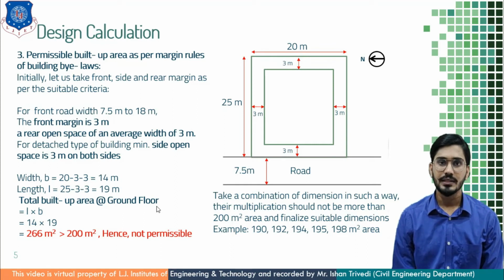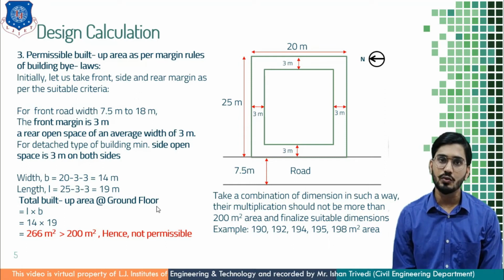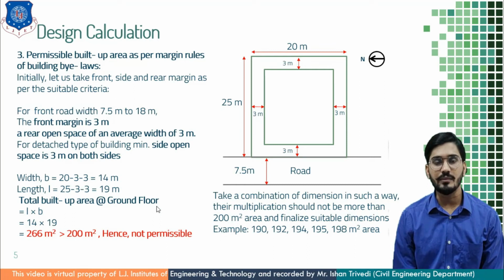For example, the combination of two dimensions, length and width, can be 190, 192, 194, 196, 198, 195 and so on, which is less than 200 meter square. You cannot take exactly 200 even though you have the permission of 200 meter square. In real practice, it is advisable that you keep this less than the permissible limit.